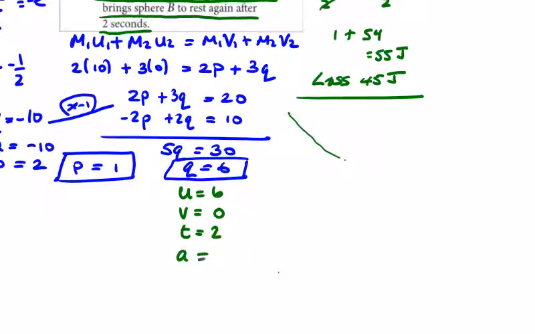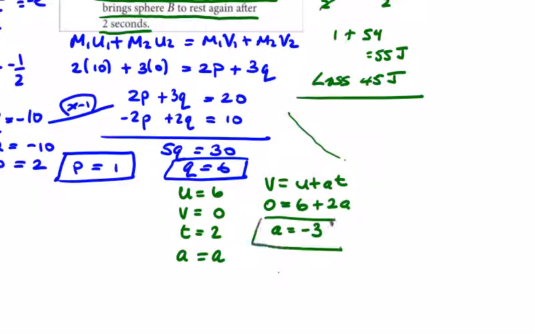So we can definitely get the acceleration here. v equals u plus at. So we're going to have 0 equals 6 plus 2a. So a is going to be equal to minus 3 here. We can see it's slowing down. So the force at play, force is equal to mass times acceleration.